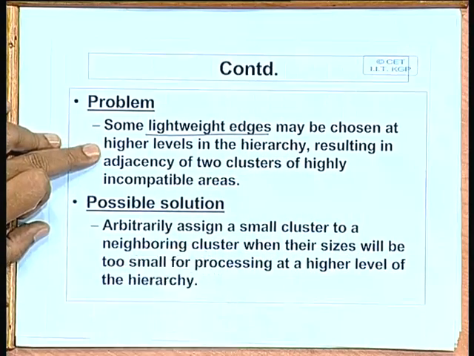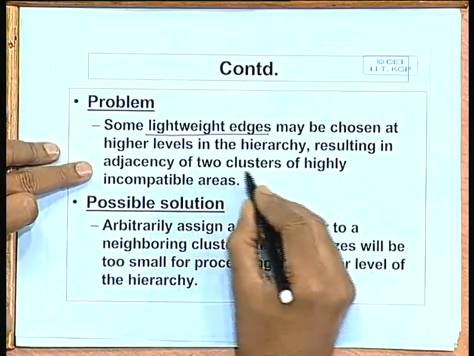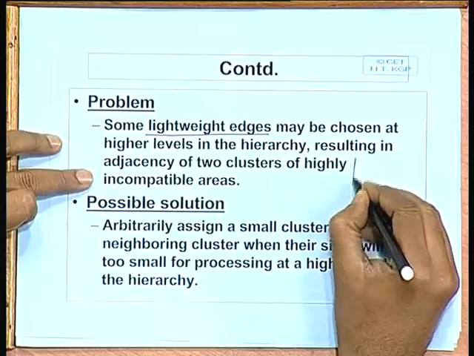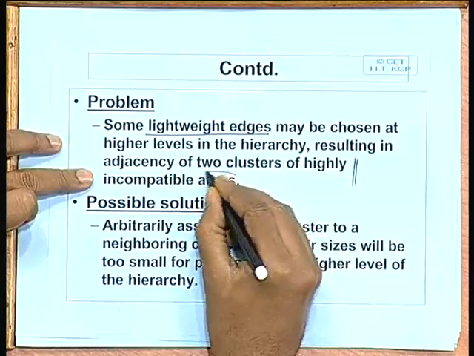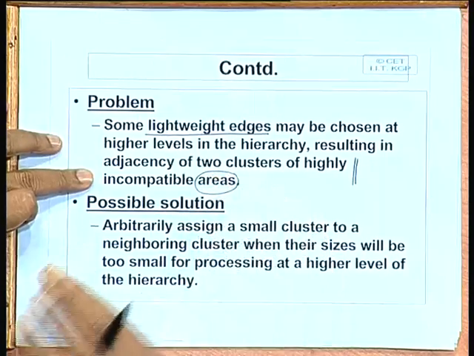Some module which is very weakly connected to others, we select at a much later stage. Now this may lead to adjacency of two clusters of highly incompatible areas, leading to a gross wastage of total area. We will see it with an example. There can be wastage of area in terms of the floor plan.